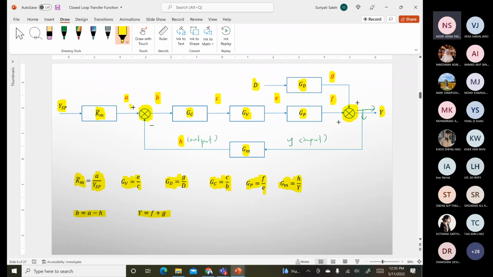Why we need to develop this relationship is because we want to obtain the overall closed loop transfer function. So based on this block diagram, we want to have a connection from the bigger output, where now this is my boundary right now, the biggest boundary.